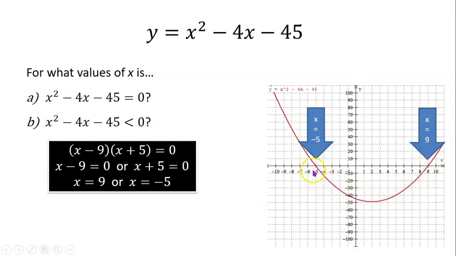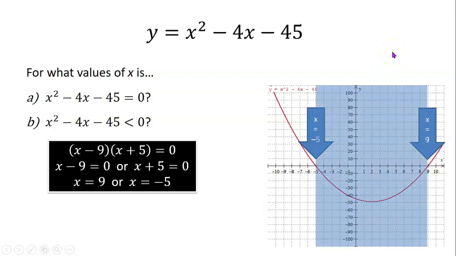The points down here are the ones that have negative y coordinates. And when does that happen, for what values of x? What happens when x is between negative 5 and 9? So that's the answer to question B. For what values of x is x squared minus 4x minus 45 less than 0? Answer, when x is between negative 5 and 9.